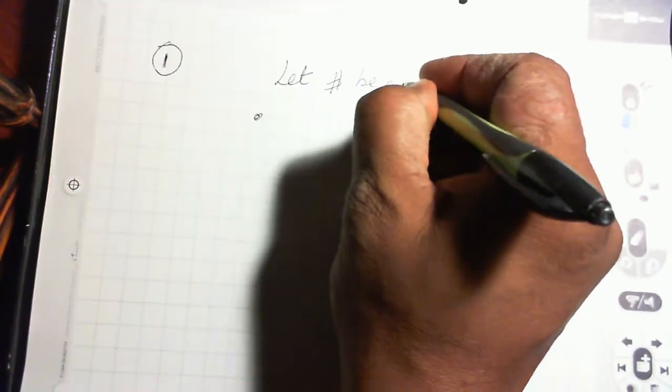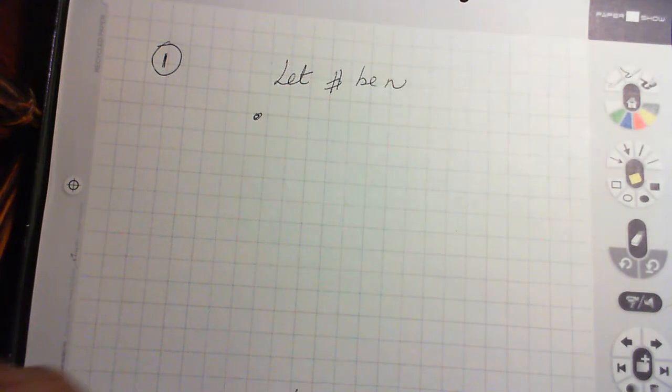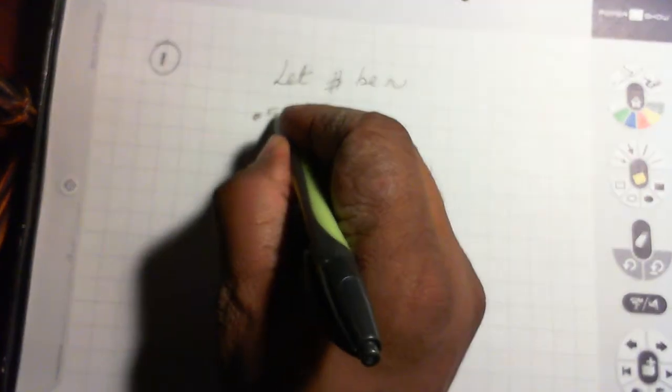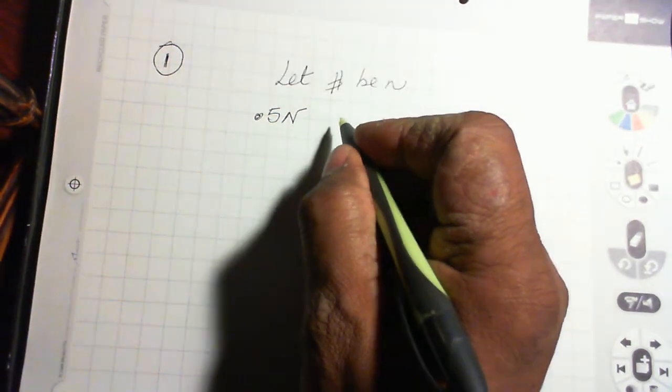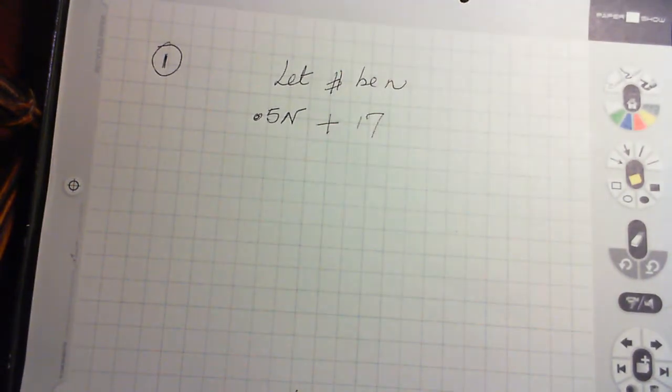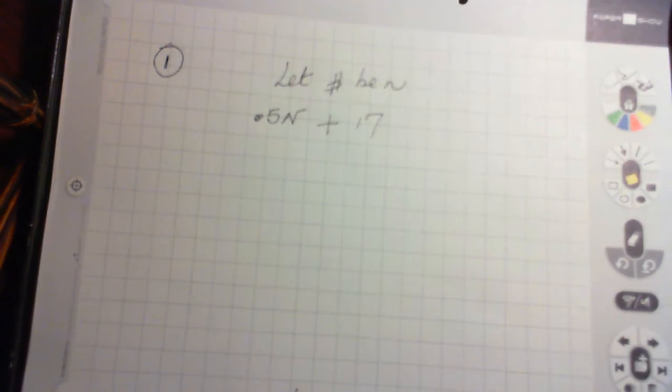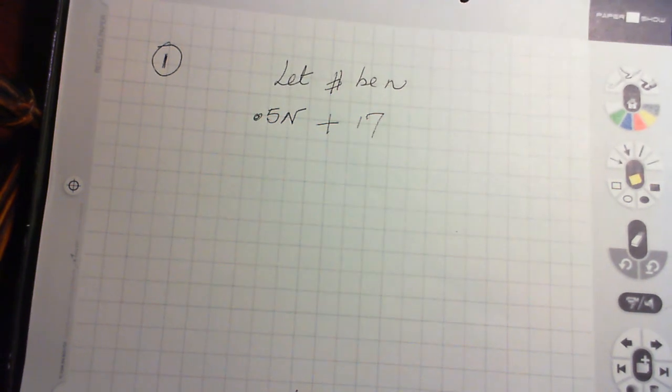Let the number be n. So 50% of n is 0.5n, right? And the sum of 17 is your equation.